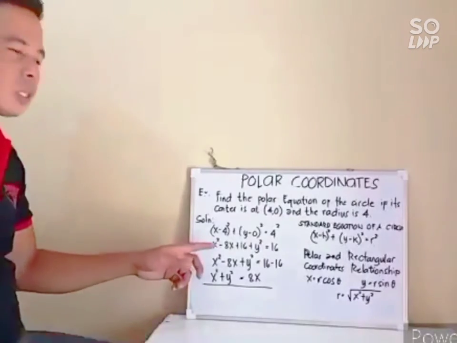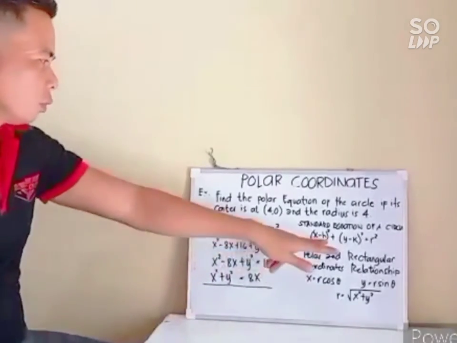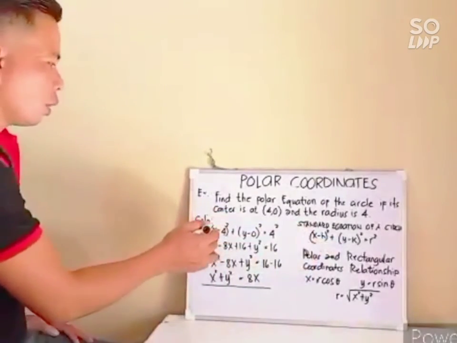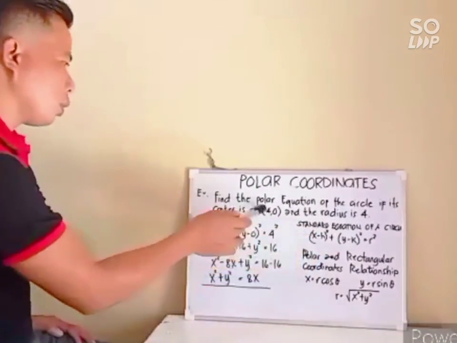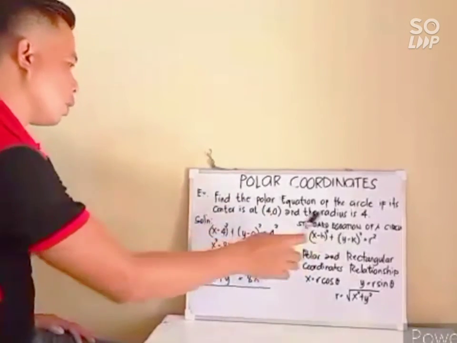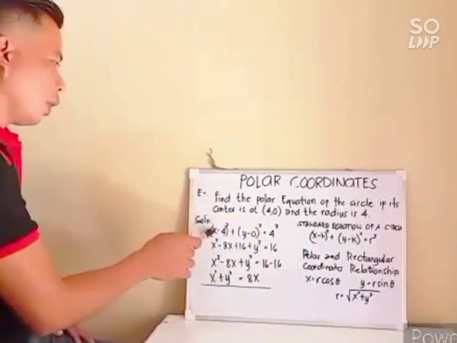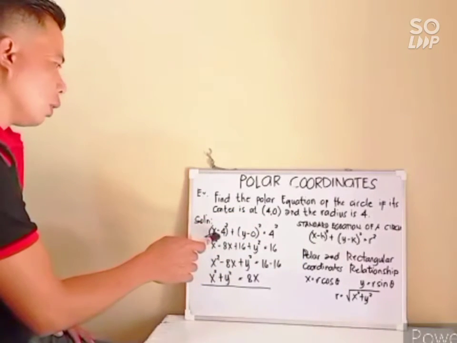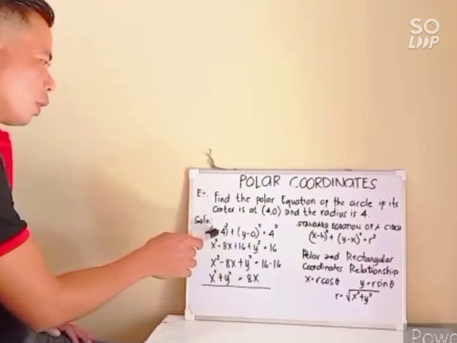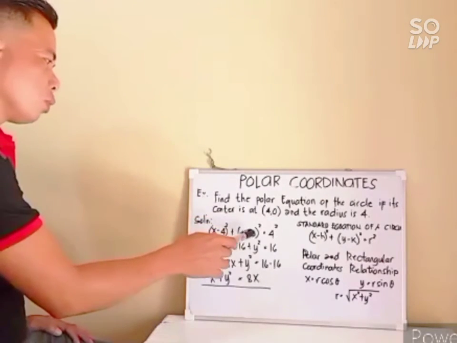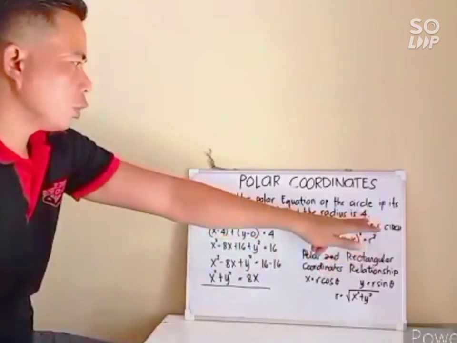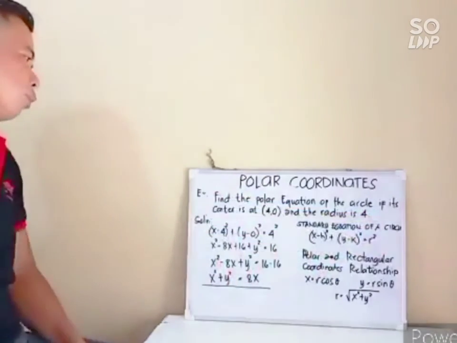we are going to just substitute the values. Our h here is 4, and our k is 0. So this will be x minus 4 squared plus y minus 0 squared equals 4 squared, since our radius is 4.